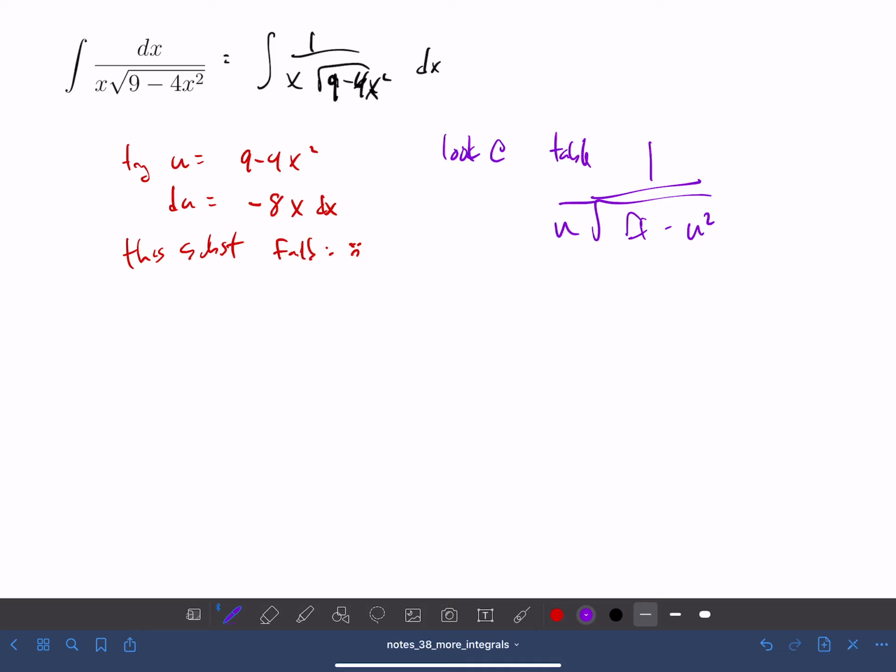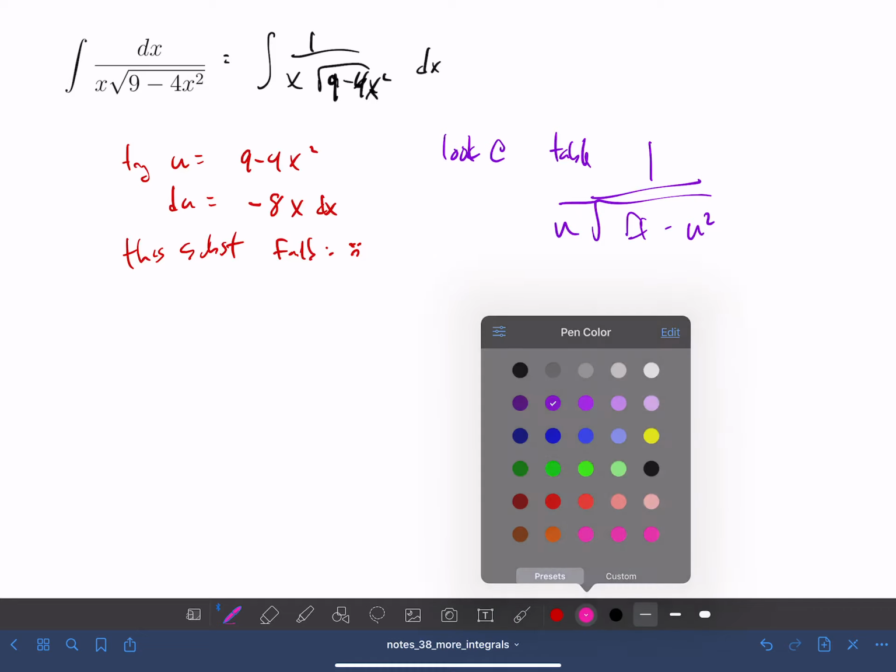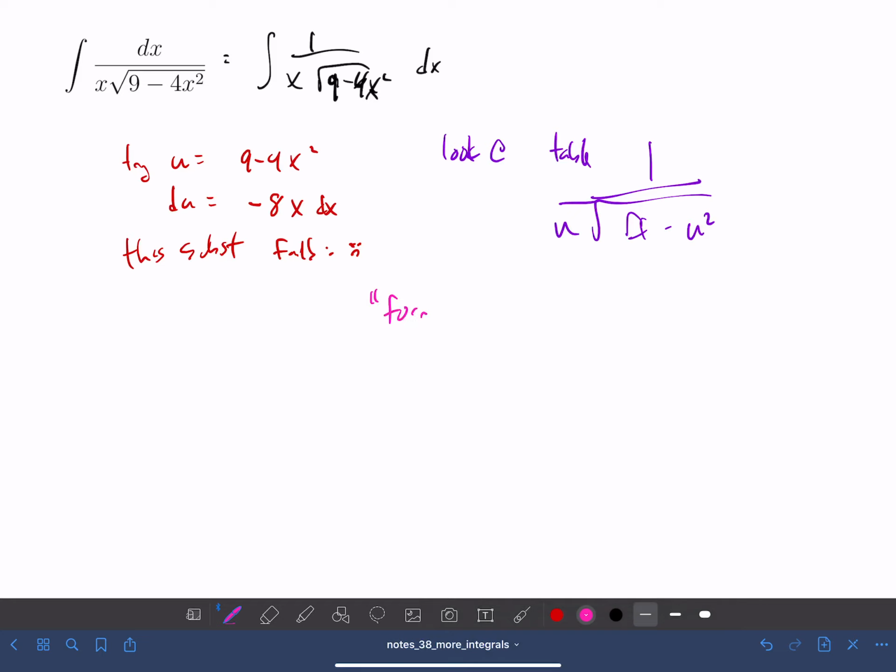Ooh, this is looking pretty promising. Look at the magenta heading. Look at forms involving square root of a squared minus u squared. Because I have a squared minus u squared, if I just make that thing be a squared, then I'm in this form here.